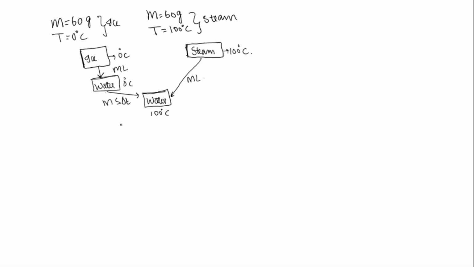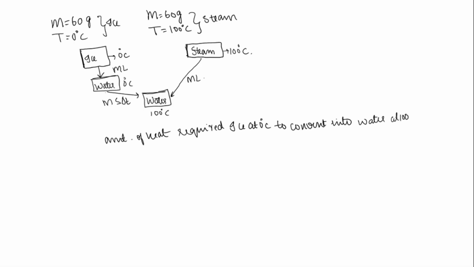So the amount of heat required by ice at 0 degrees Celsius to convert into water at 100 degrees Celsius is equal to mL plus msΔT.